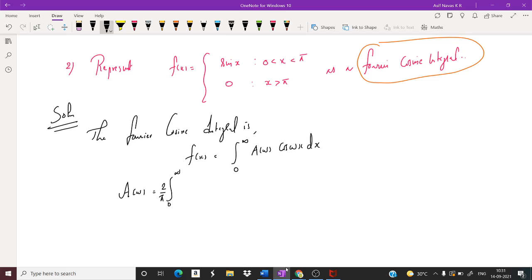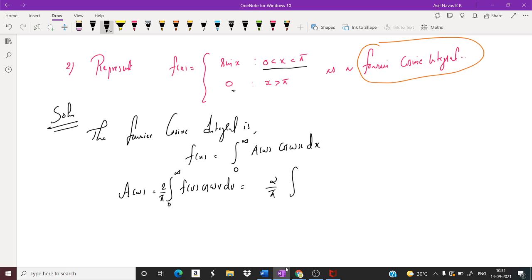Integral 0 to infinity f of v cos omega v dv. So this is equal to 2 by pi, and here the integral runs from 0 to pi, and for x greater than pi it's 0.